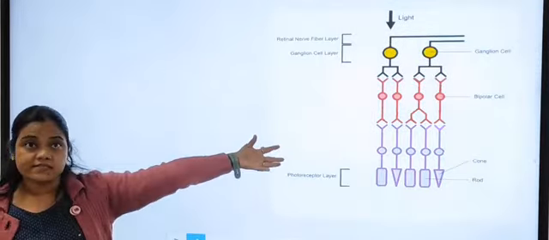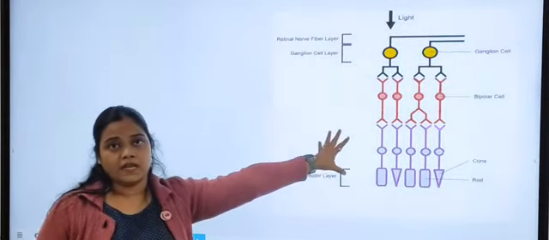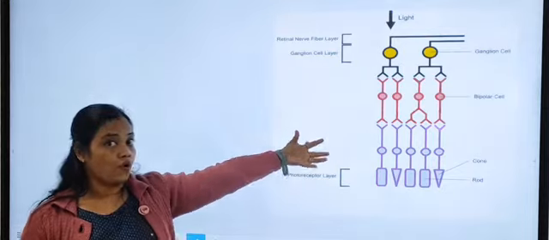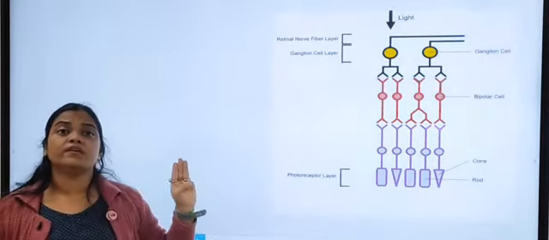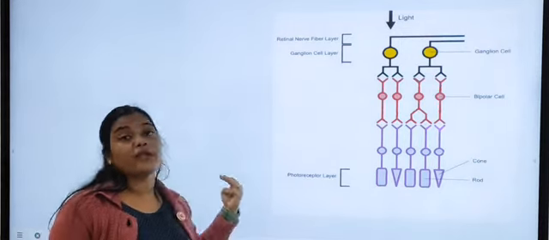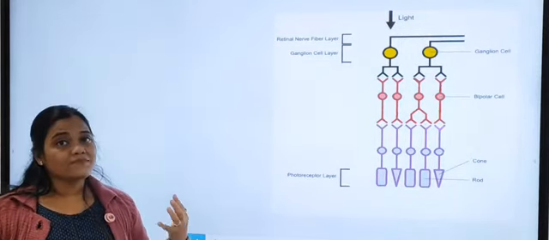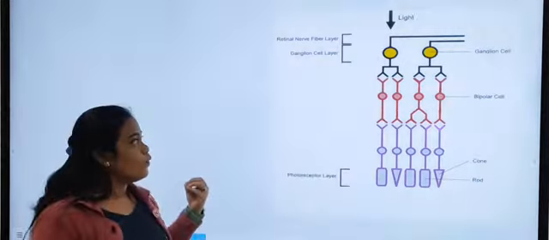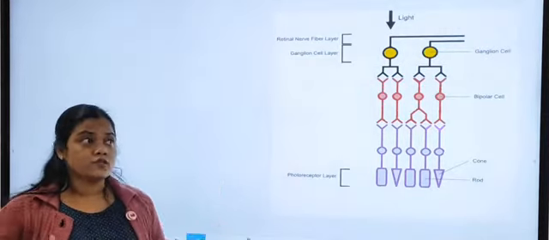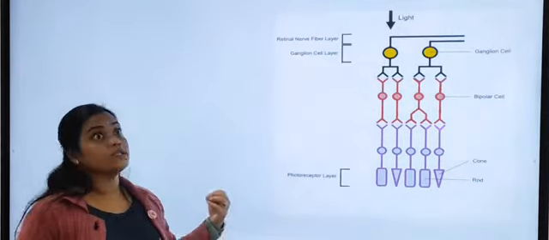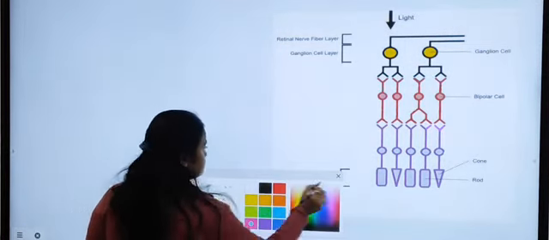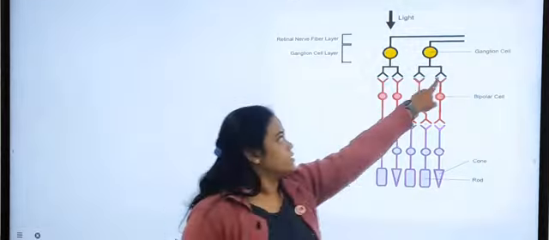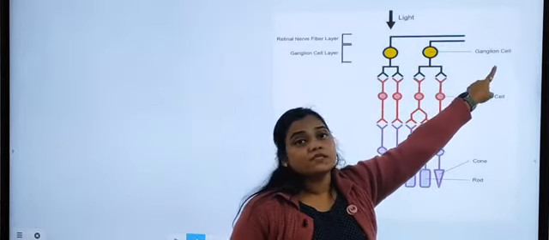If we move to the next slide, then we can easily understand what the different layers of the retina are. So there are three separate layers of the retina, and these are made up of three different types of neurons. That means three different types of nerve cells. So what are these three separate layers? Just look into this. This is written ganglion cell.